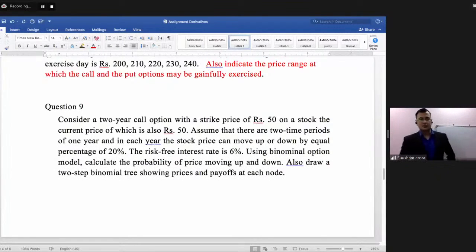Question number 9. Consider a 2-year call option with a strike price of 50 and the current price is also 50. Assume that there are 2 time periods of 1 year, and in each year the stock price can move up or down.